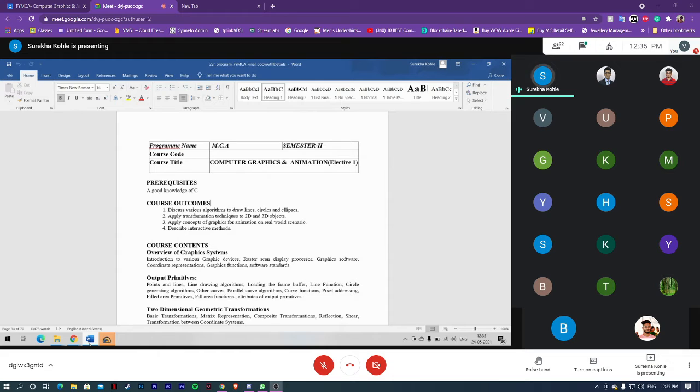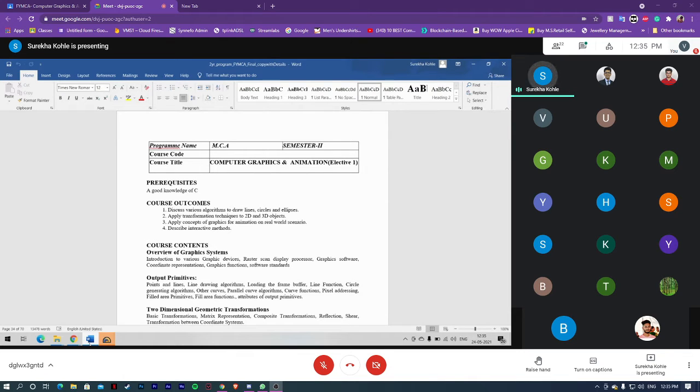And so you can see these are the course contents. First we have the introduction part, right? Overview of graphics systems, introduction of various graphics devices, raster scan display processor, graphics software, coordinate representation, graphics functions, software standards.